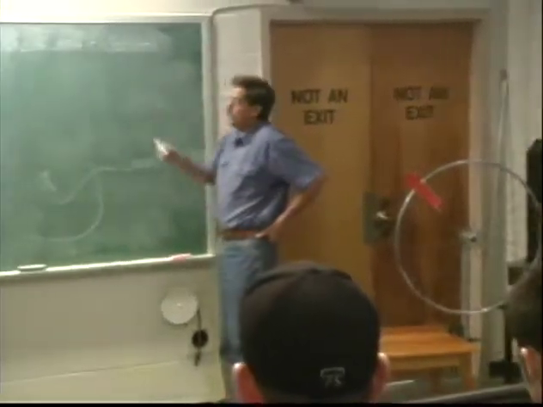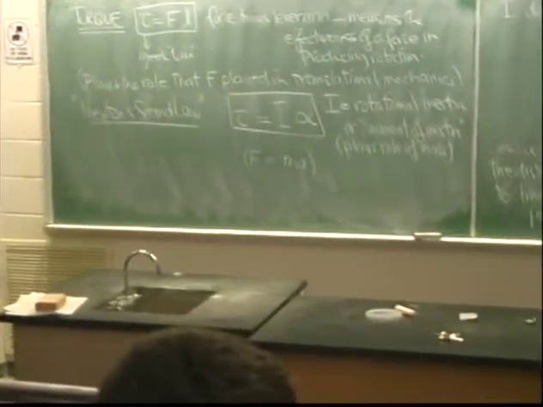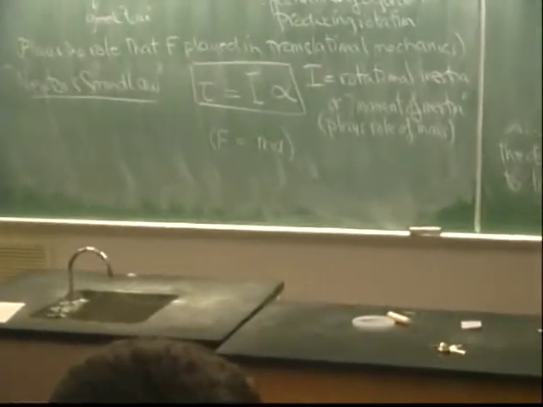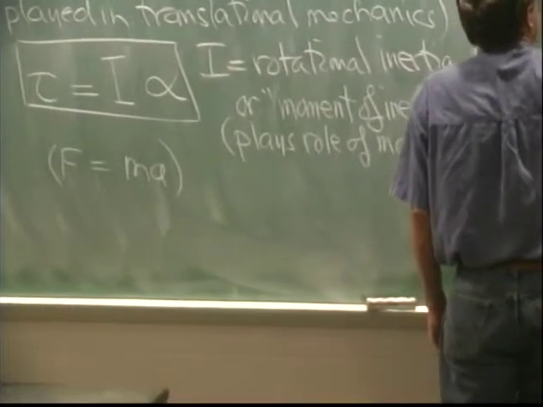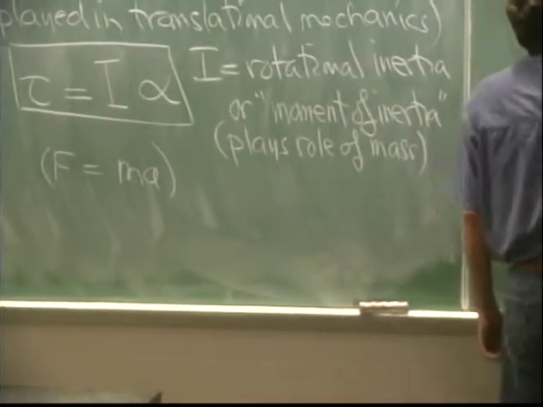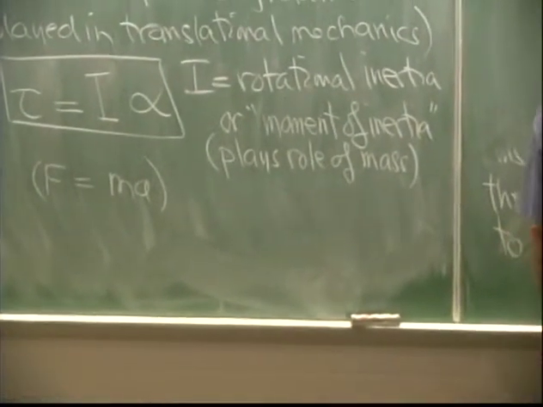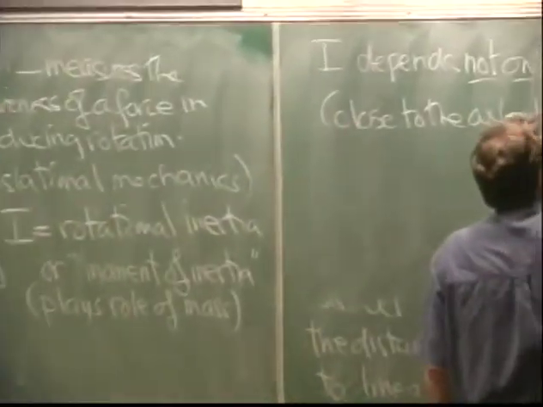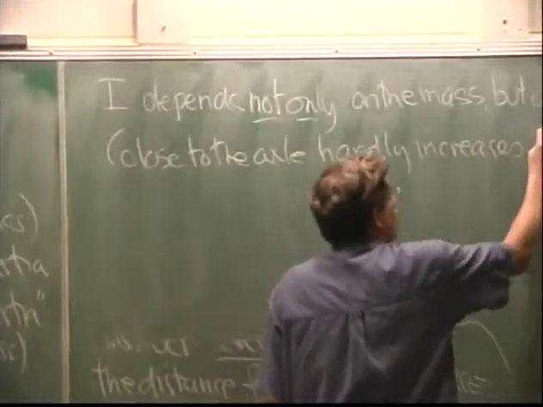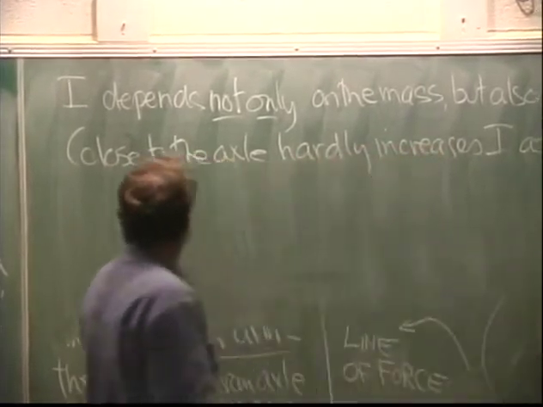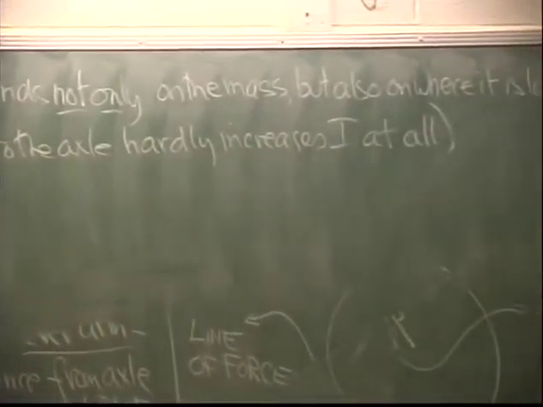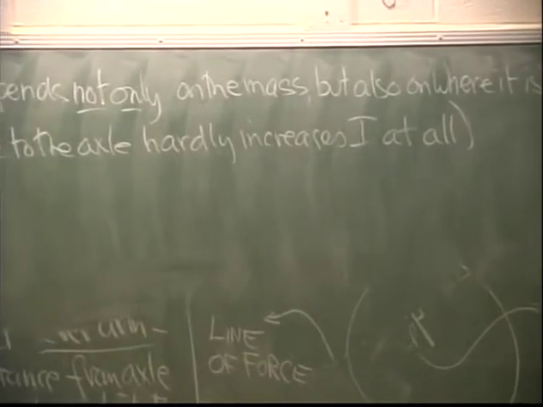So the moment of inertia depends not only on what the total mass is, but where it's located. If you stick it in close to the axle, it doesn't contribute much. If you put it out at the periphery, it contributes a lot.